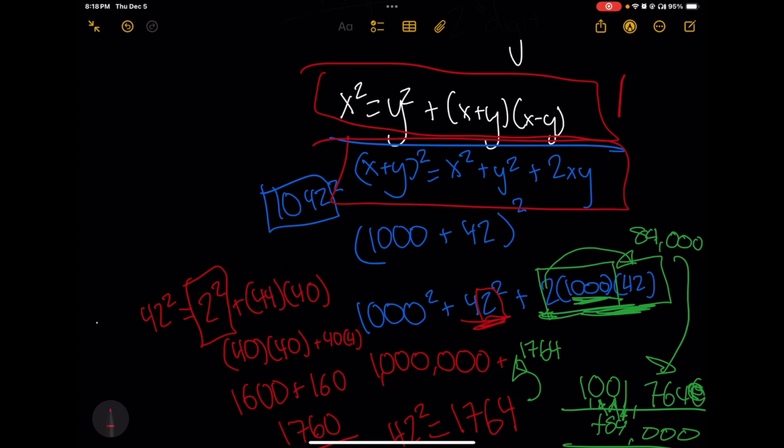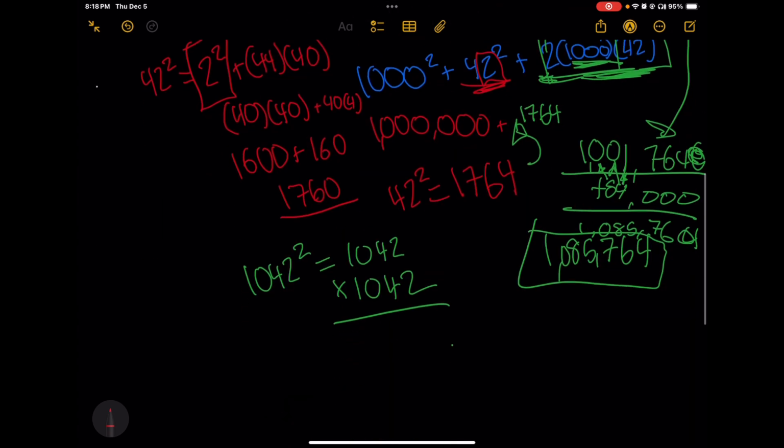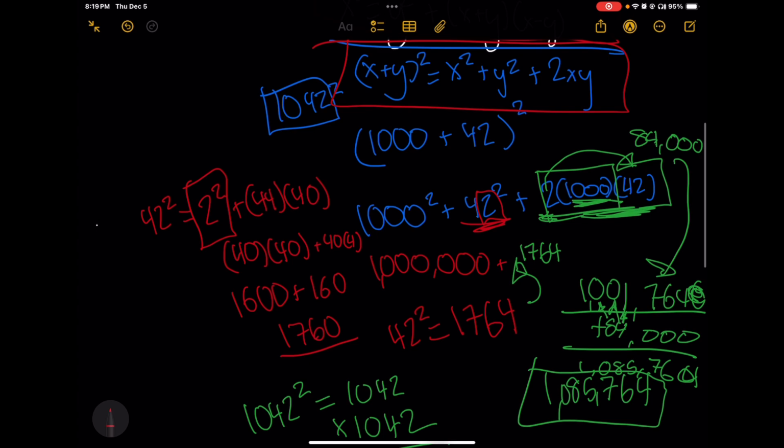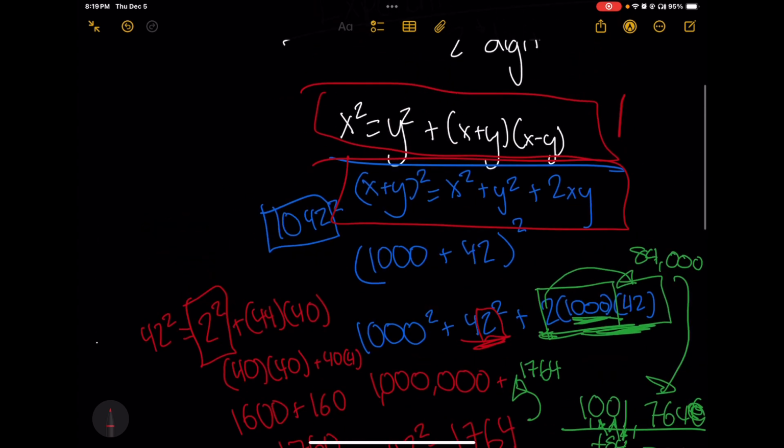This wouldn't be that hard because you have 2, 4, 1, and then the 0. But if you're doing 1,780 or 1,789, this is obviously gonna take a lot longer to multiply. And that's where this kind of shines.